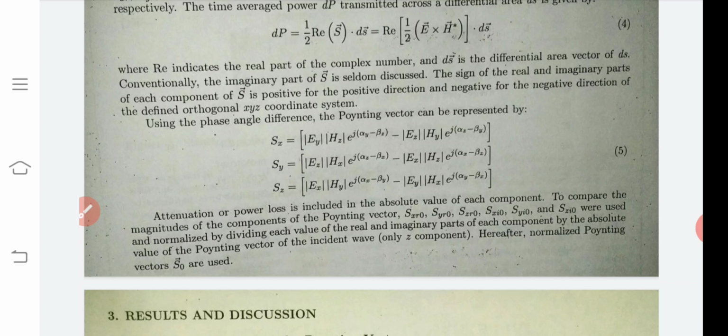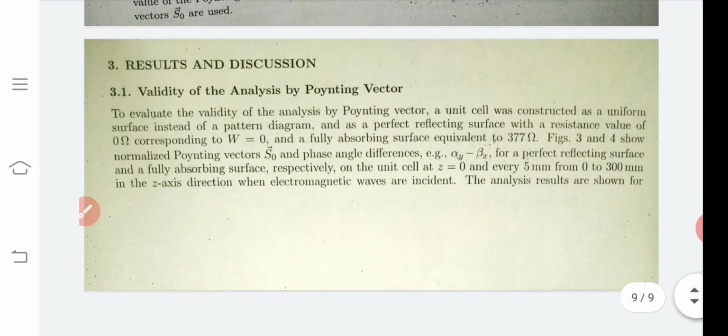To compare the magnitude of the components of the Poynting vector, Sxr0, Syr0, Szr0, Sxi0, Syi0 and Szi0 were used, normalized by dividing each value of the real and imaginary parts of each component by the absolute value of the Poynting vector of the incident wave. Hereafter, the normalized Poynting vector S0 is used.